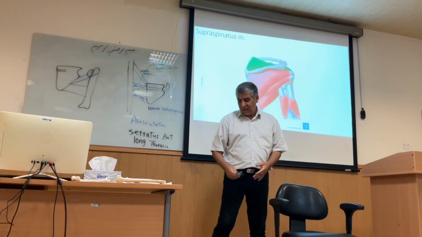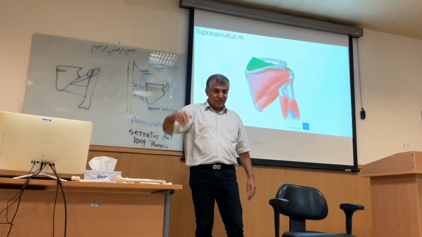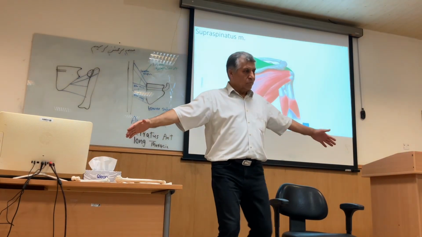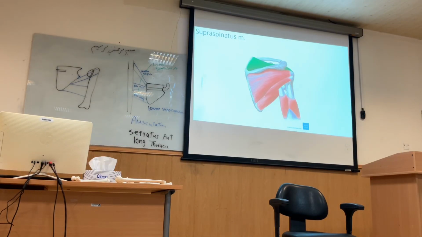For this reason, when I am walking in the street, my hand is like this. Okay? This one is abnormal, because the adductor is larger and the medial rotator is larger.